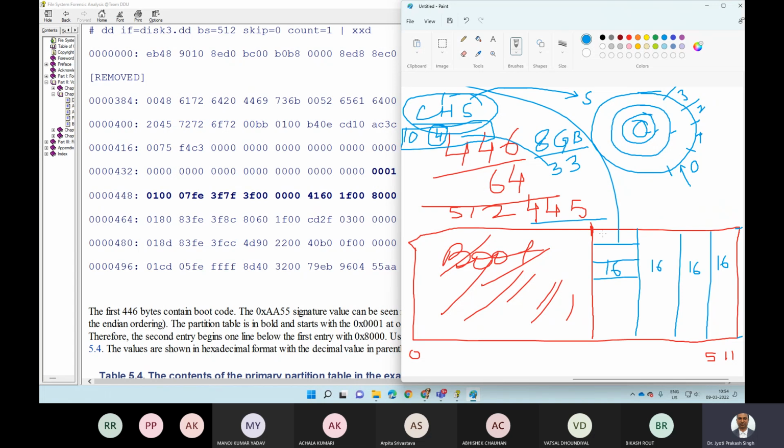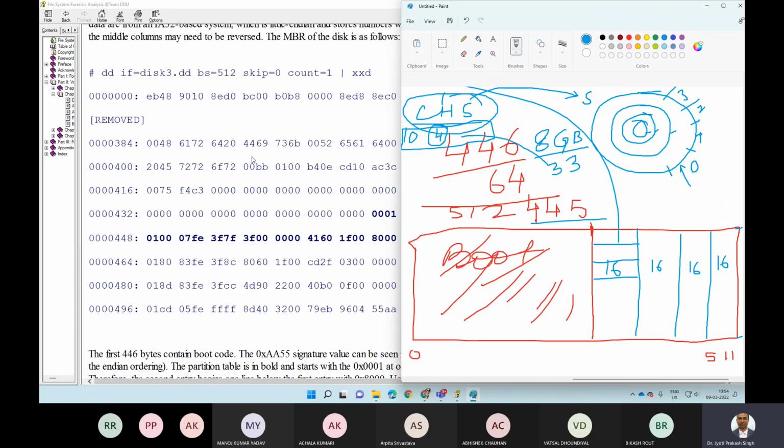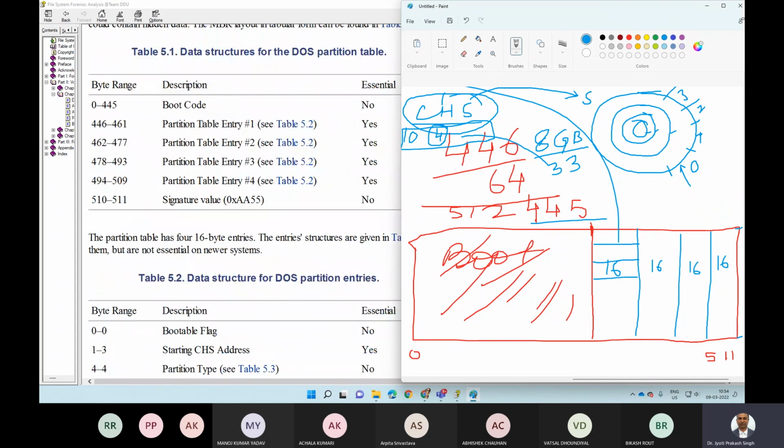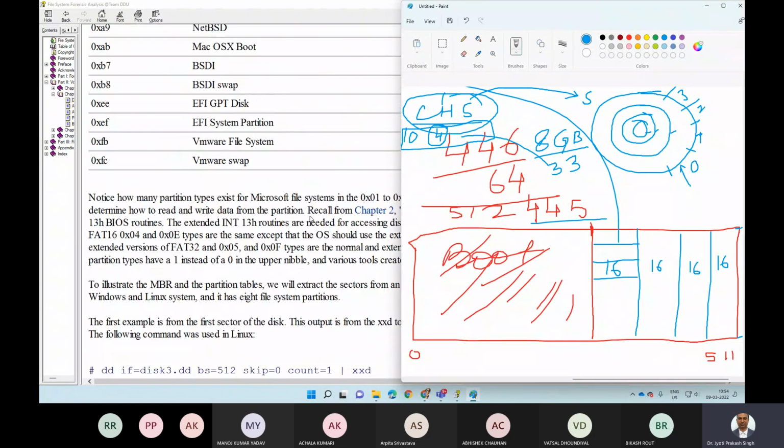We know that the 446th entry is where the partition table entry starts. So count here to the 446th entry.